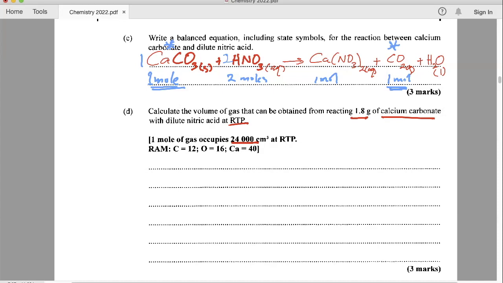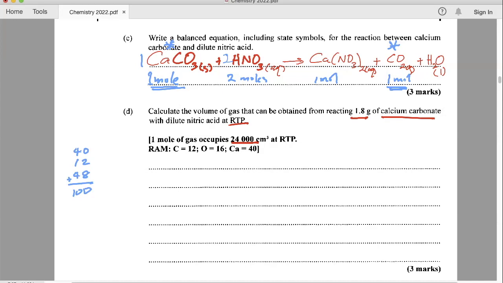We're given the RAM, so we're just going to use that to find the molar mass of calcium carbonate, expressed in grams per mole. So we have 1 calcium, so that's 40 plus 12 from carbon, and we have 3 oxygen, 3 times 16, 48. I like this one because it gives 100. So 100 grams per mole is the molar mass for calcium carbonate.